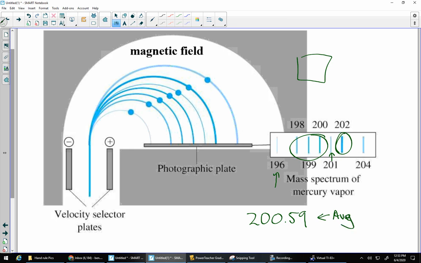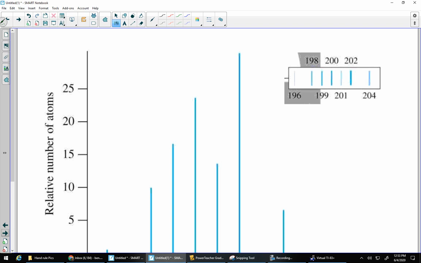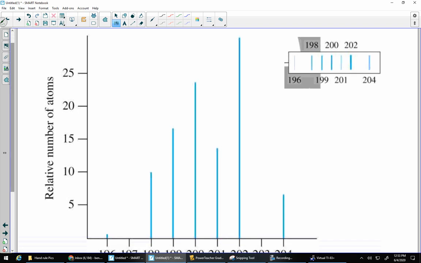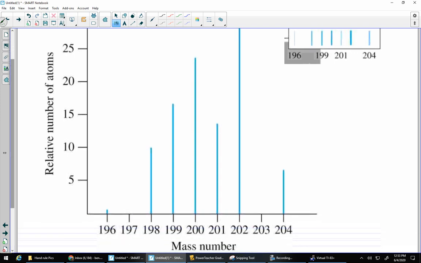I always write AVE, but 200.59 would be the average of all of those naturally occurring isotopes. So pretty cool. That's where all those random numbers come from on our periodic table. We also get an idea of the relative amounts of which ones, and we talked about the darkness of the line on this one. If we were to graph it, we could figure out the relative amounts of each isotope, which is kind of cool.